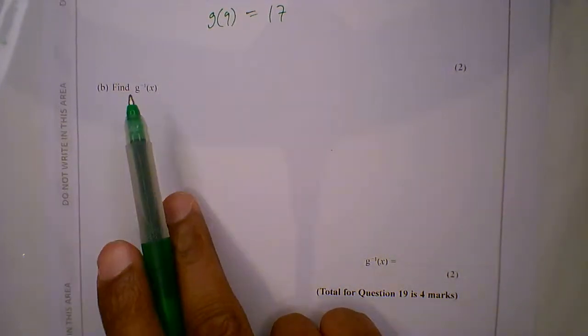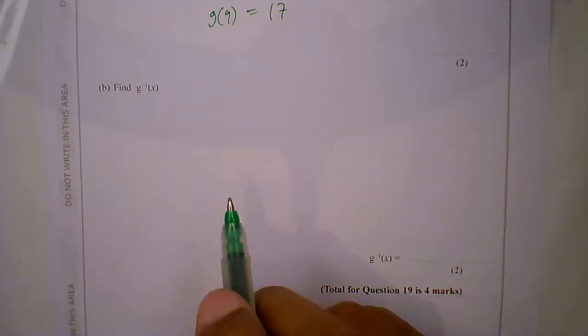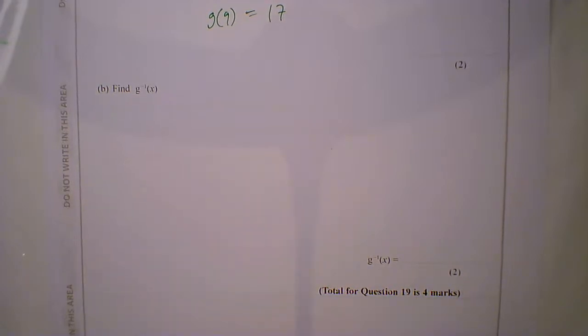Okay, question 19b, g minus 1 of x. If you need more time, remember, press pause. When you're ready, press play for the answer.